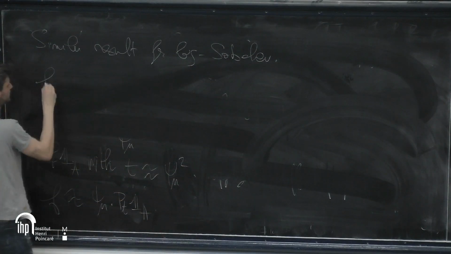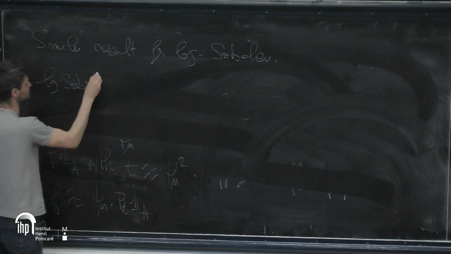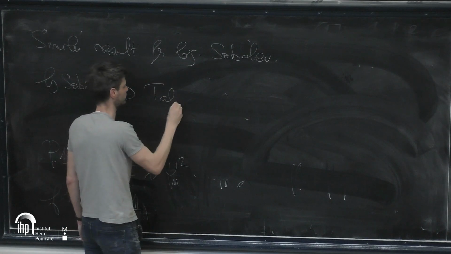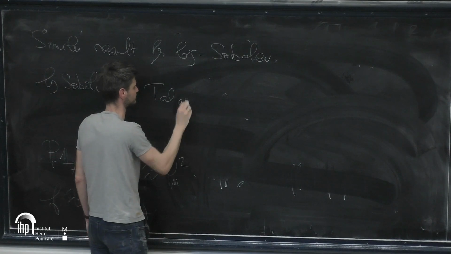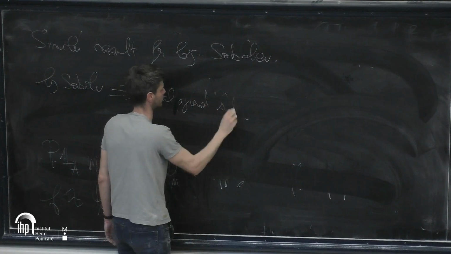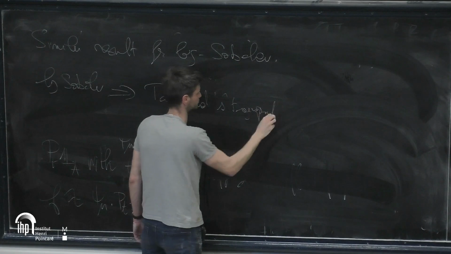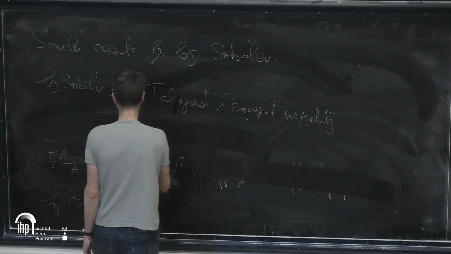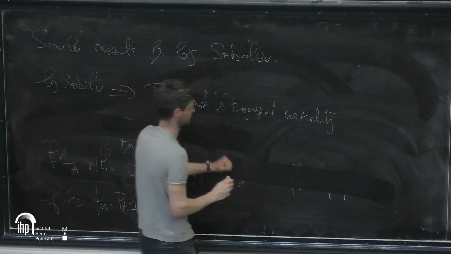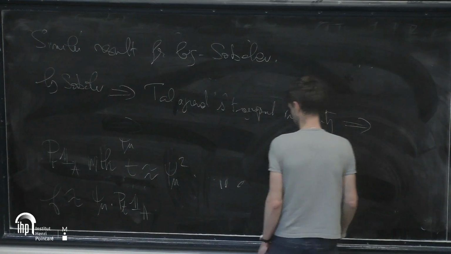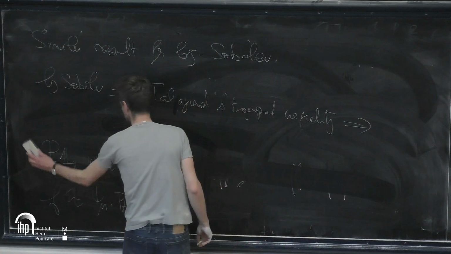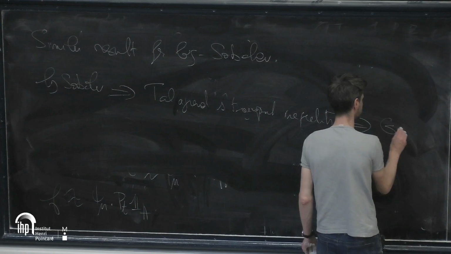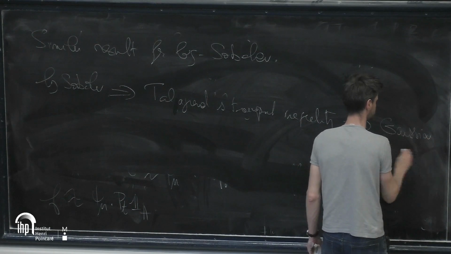Log Sobolev is an inequality which is stronger than Talagrand's transport inequality, which is itself stronger than Gaussian concentration, something that I didn't have time to mention.